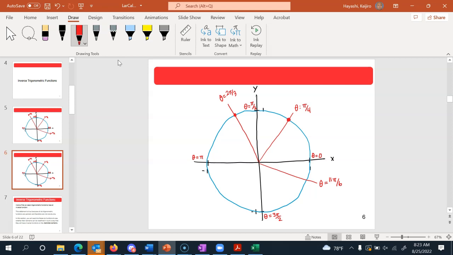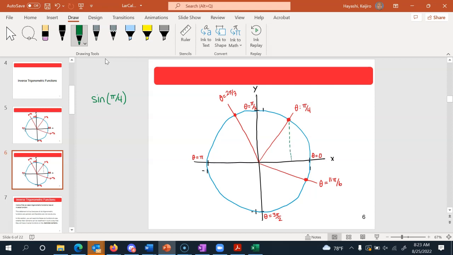And then just reading the x value and the y value of those points in rectangular coordinates. So for example, let's say sine of pi over 4. Sine of pi over 4 is whatever this value is right here.